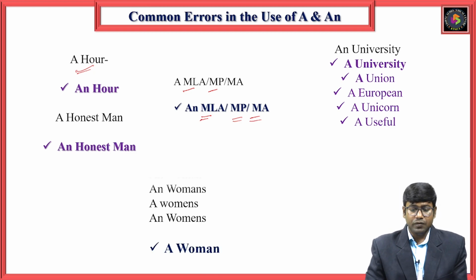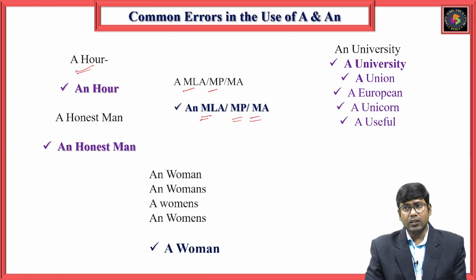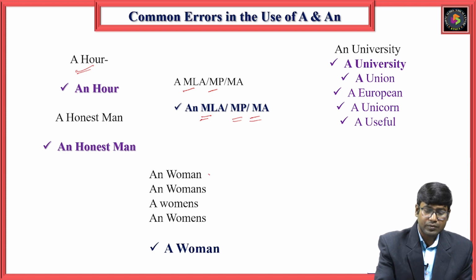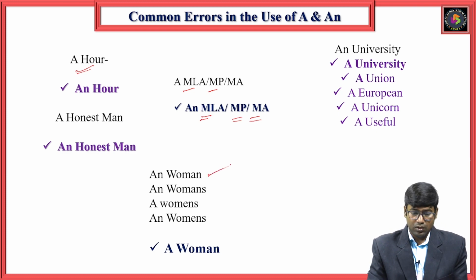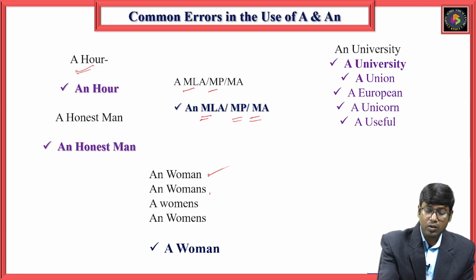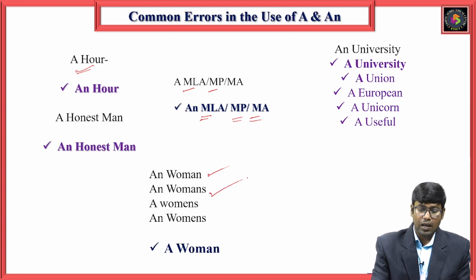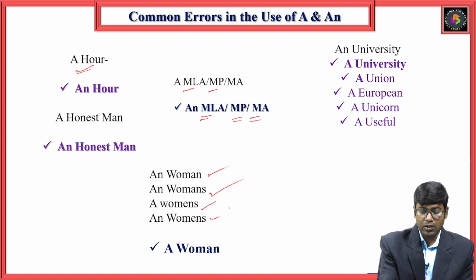Now the next kind of mistake, which I often discussed in the classroom. When I gave writing, they often wrote like this: an woman, an woman's, a women's.